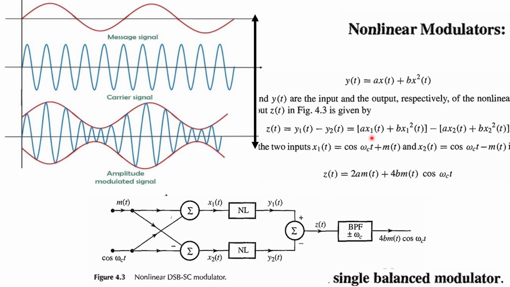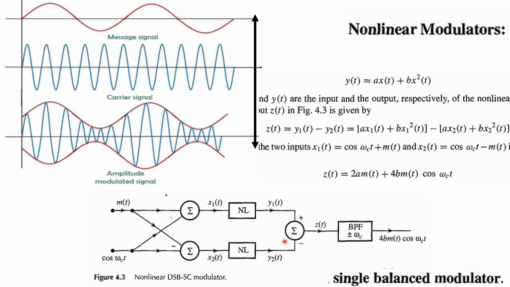That will be a x1(t) plus b x1 squared(t), minus a x2(t) plus b x2 squared(t). Now you can take the difference a x1 minus a x2, and take the square terms common. If you solve this, everything cancels out and you will get 2a m(t) plus 4b m(t) cos omega_c t. So this will be the output, right?